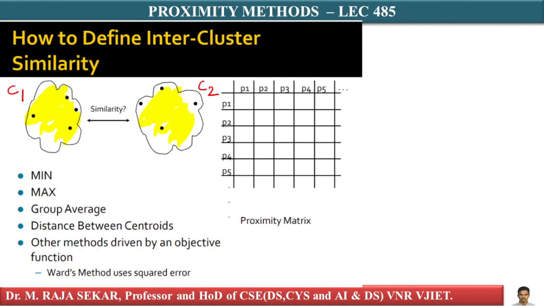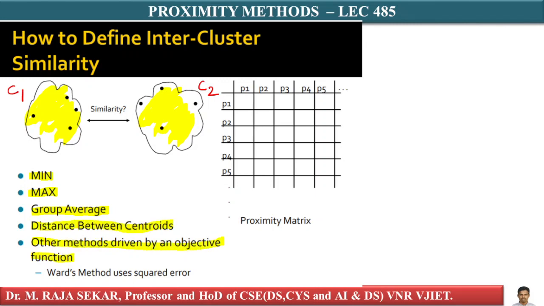How do I define the similarity or proximity between these two clusters? There are multiple approaches like min, max, group average, distance between centroids, etc., which are very simple ideas.